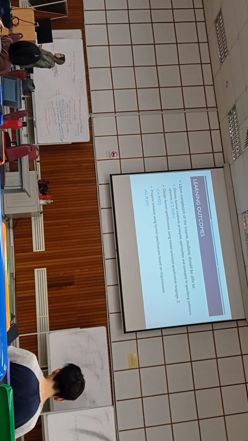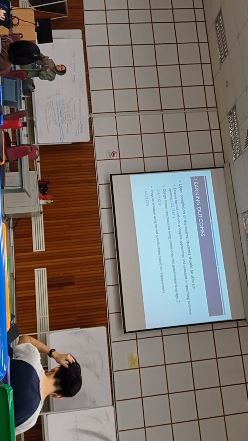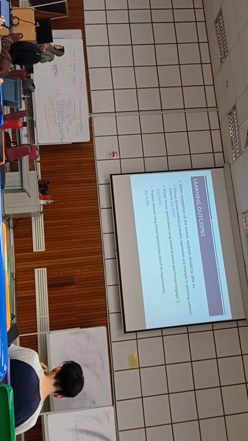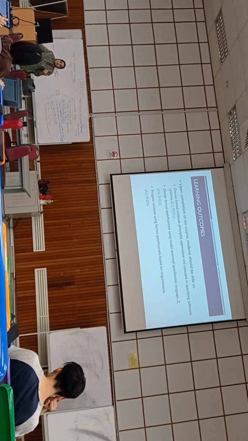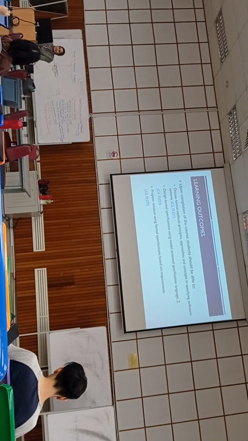If you refer to the past year questions, there are some theory questions inside. So CLO1 is about the principles of formal methods, and CLO1 will be assessed in your test and also in your exam.